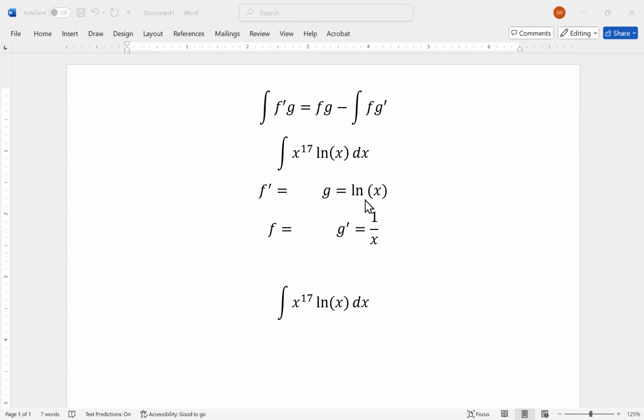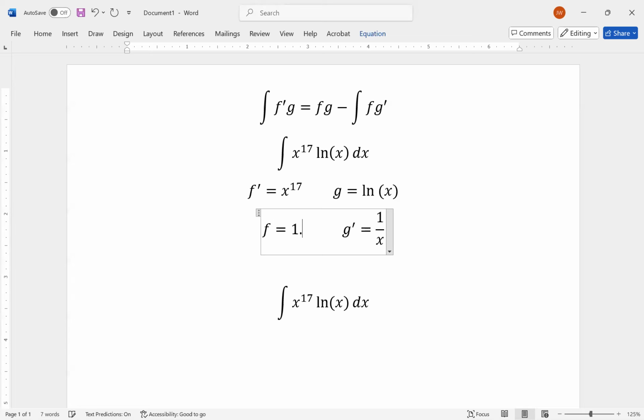So we let g be the natural log of x, and then g prime becomes 1/x. In this case, our polynomial out front is x to the 17th power. If I want to take an antiderivative of that, it'll be 1/18 times x to the 18th power.